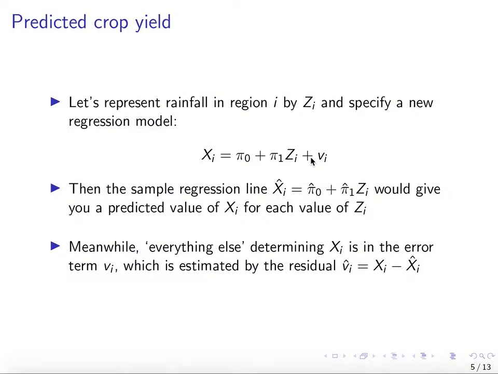Here, how I would like you to think about x hat i: x hat i corresponds to variation across regions, that's why we have an i here, due to changes in rainfall and changes in rainfall only. Everything else that may be some omitted variable bias is not in there.